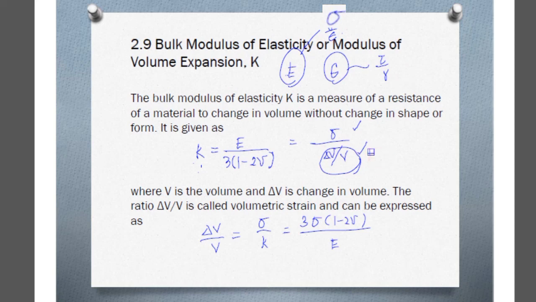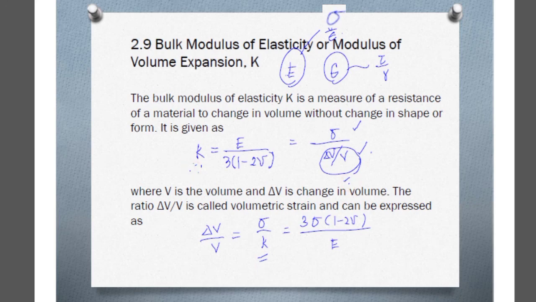Now, if we are going to express the volumetric strain in terms of the stress and the bulk modulus of elasticity, therefore we just equate this equation and this K here and we would have this. So, iaakit lang naman natin, magpapalit lang naman ng position si K at saka si volumetric strain.